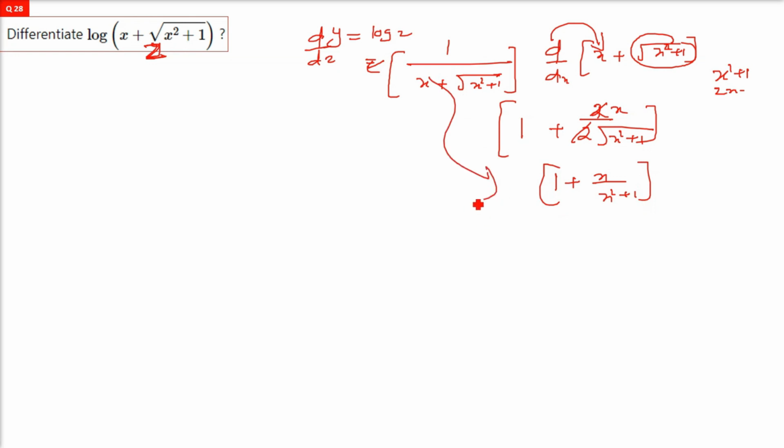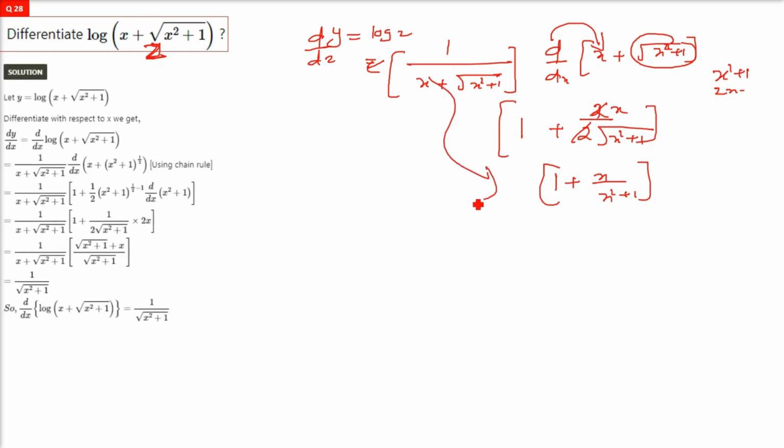So you can just take this first one and the second one. If you see, we can add this and there will be a cancellation. This first content was already there, that is 1 by x plus under root x square plus 1, which we got from log. And this under root we can add: 1 plus x by under root x square plus 1.